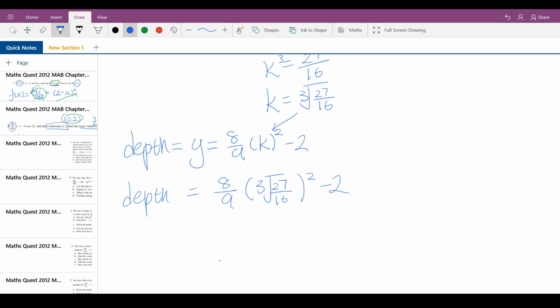Let's punch it into the calculator. Cube root of 27 over 16, we get something, then we square that, and times it by 8 over 9.